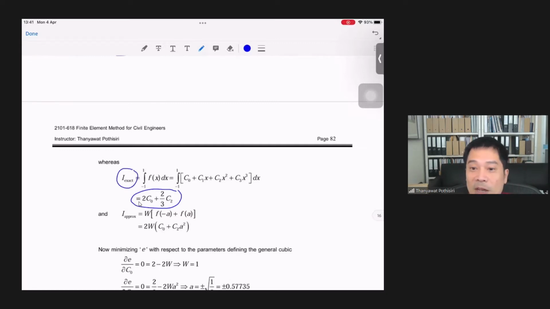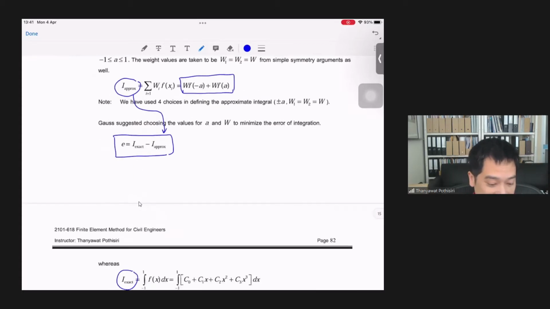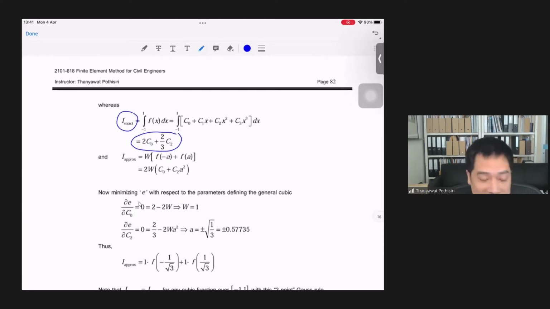Now for the approximate integral, I would follow this scheme, right? So I need to find the value of my function at x equals a and x equals -a, all right? And then plug that back into the approximate integral, so I would get something like this. Now, my objective is to try to minimize the discrepancy between these two terms, okay?